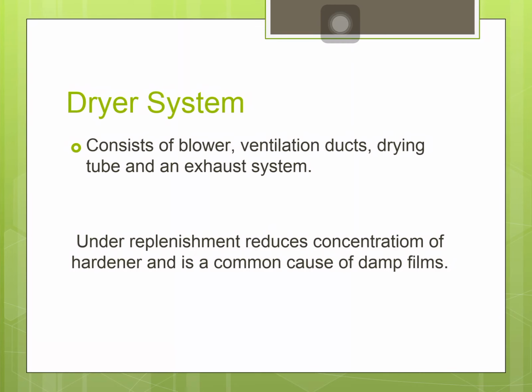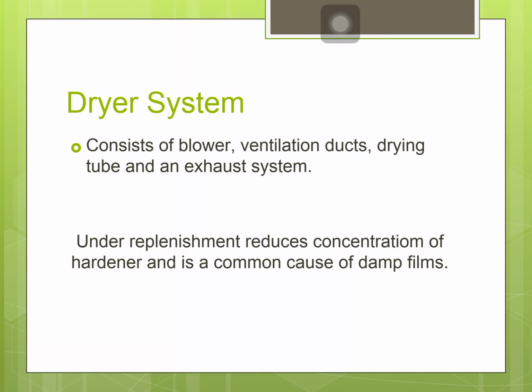So, bakit minsan may mga automatic processor na kahit gumagana naman yung kanilang dryer system, may film na lumalabas na medyo basa? Hindi man siya basa like literally na may water pa, pero ang kapal niya sa film ay medyo damp, malagkit yung film.